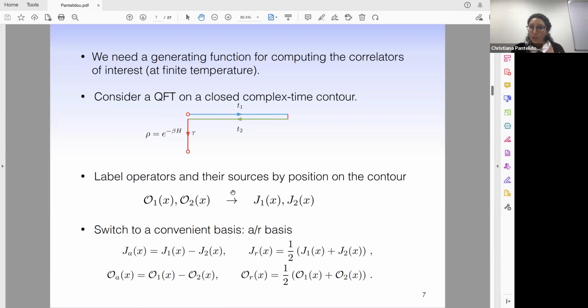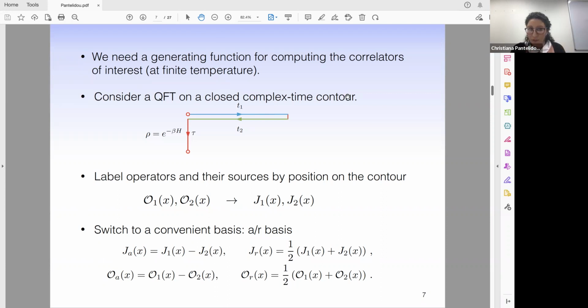Now, when we're doing things in real-time holography, when we are writing down this generating function, we need to go into the Schwinger-Keldysh formalism. So according to this formalism, we are considering a quantum field theory that lives on a closed complex time contour.